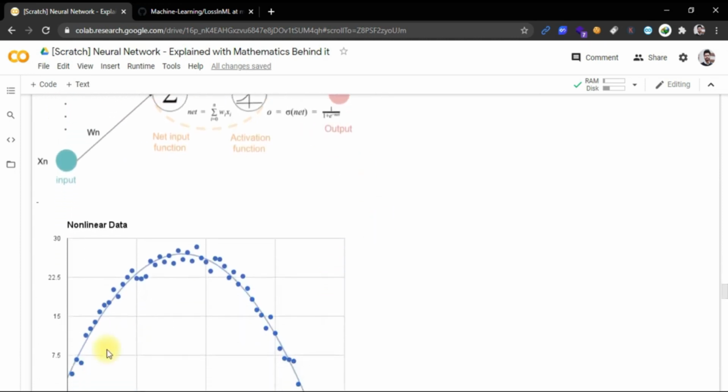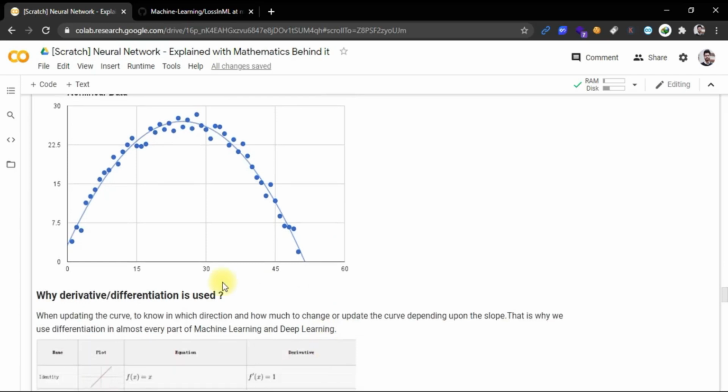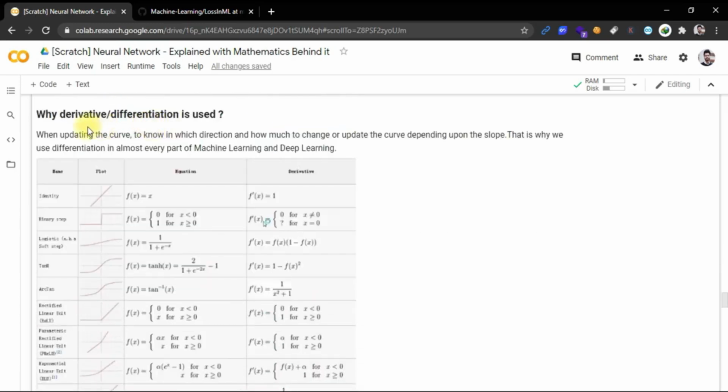So this is the non-linear type of data, and this is the question that is asked around here: why are derivatives and differentiation used? As you know, we have to keep updating our biases and weights to make our neural network more accurate and more precise. When updating the curve or the weights or biases, you have to know whether the direction in which you are moving is correct or not.